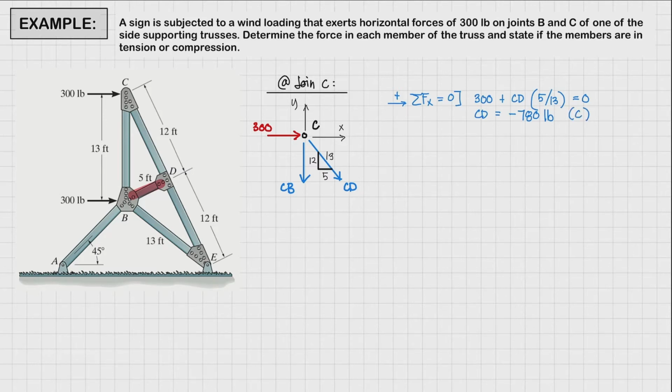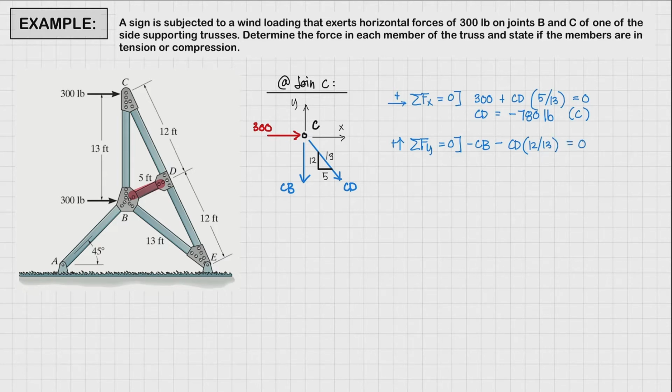Right? So next, we're going to sum up the forces along the y-axis, and we're going to assume a positive direction of acting upwards. And it must be equal to 0 for equilibrium. So let's start with our force CB. Since it's acting downwards, this is going to be negative. And the vertical component of force CD is acting downwards again, so this is going to be negative. So we have negative CD times 12/13, and the whole thing must be equal to 0.